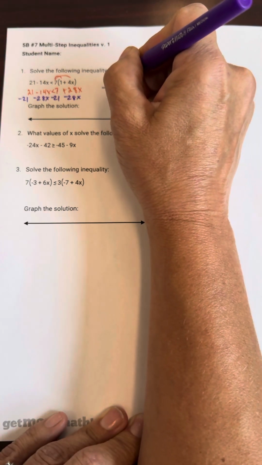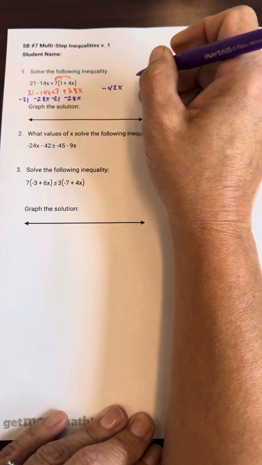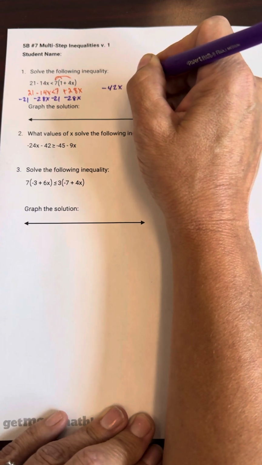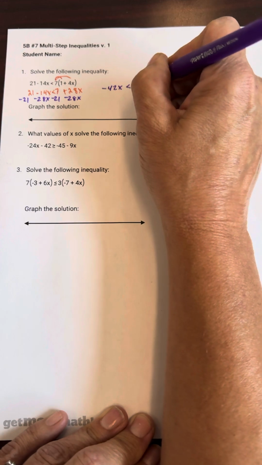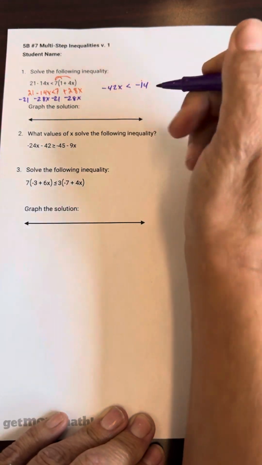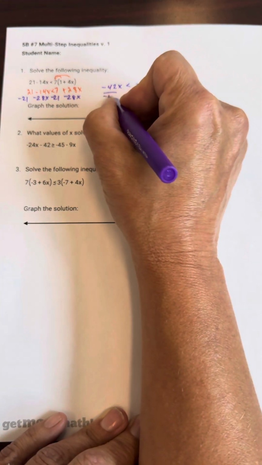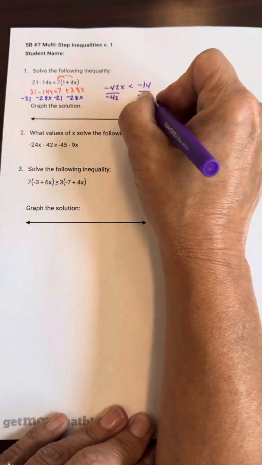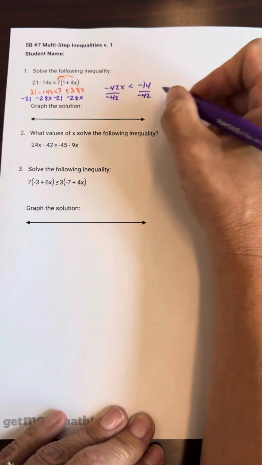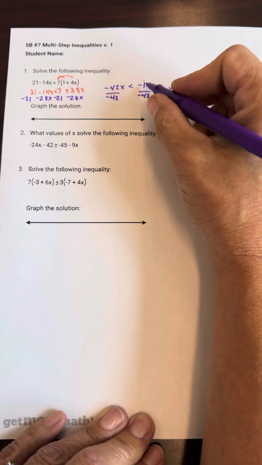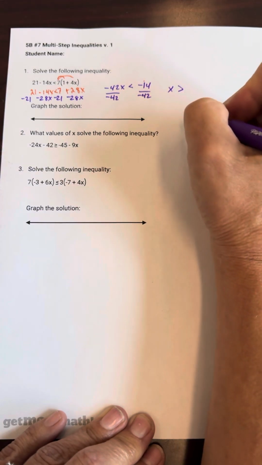So negative 42x is less than negative 14, 7 minus 21. And then we divide by negative 42. So since we divided by a negative, we need to flip the inequality.